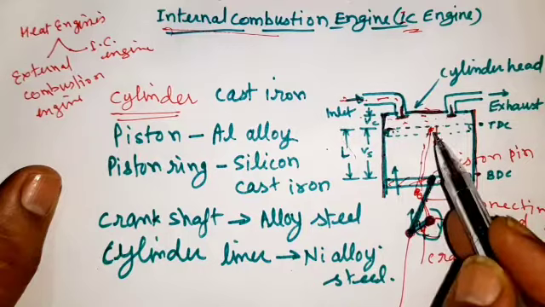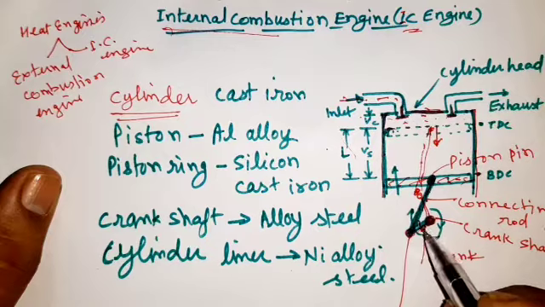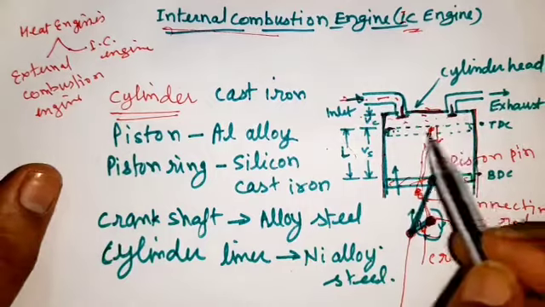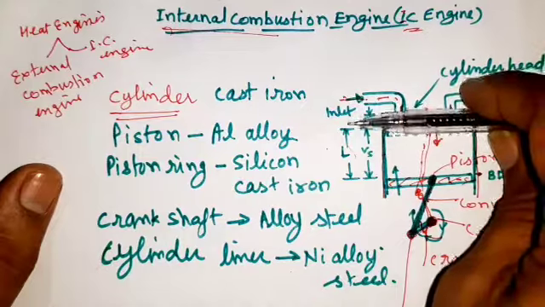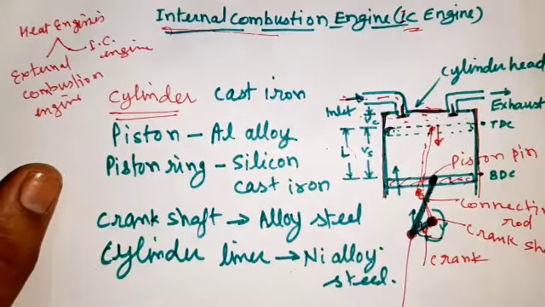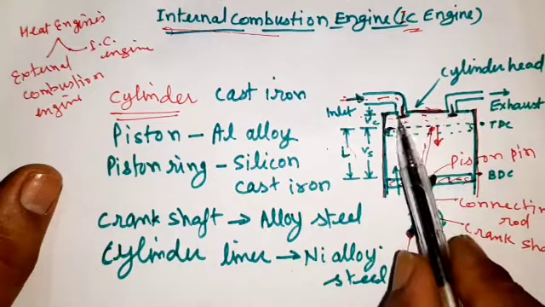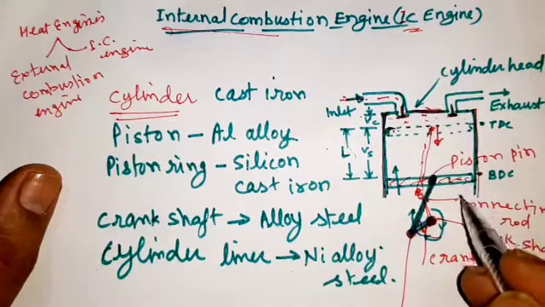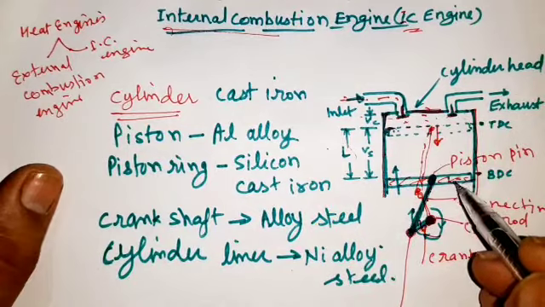So the reciprocating motion of the piston is converted into rotary motion of the crankshaft. When the piston moves from TDC to BDC, the inlet is open, so the suction process takes place and air-fuel mixture enters, in the case of a petrol engine. When it reaches BDC, both valves are closed, inlet and outlet, and the piston moves again from BDC to TDC in the upward direction. This process is called the compression process.